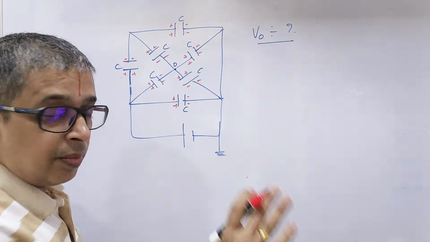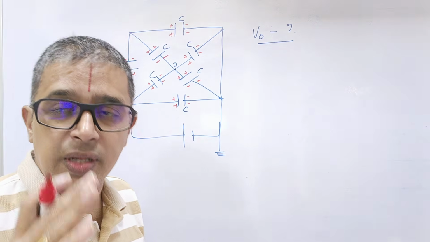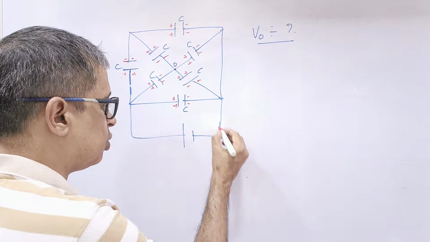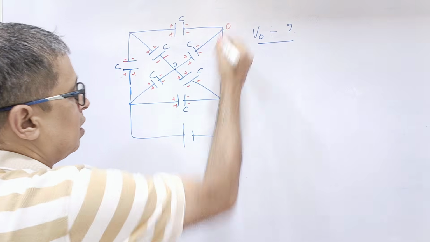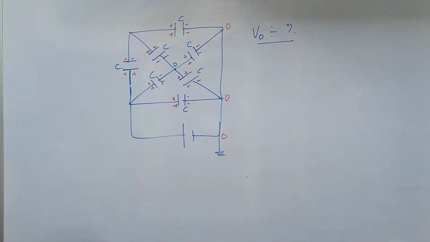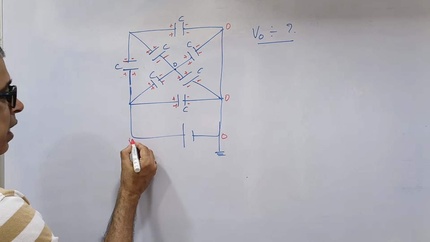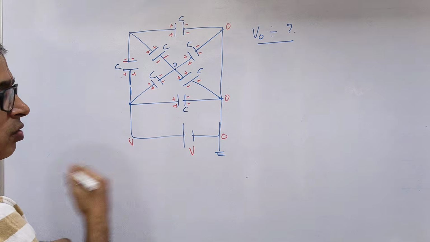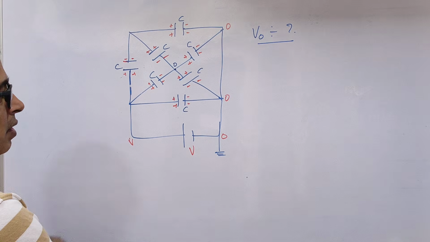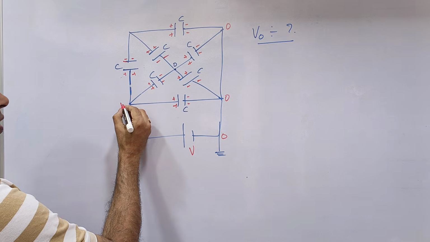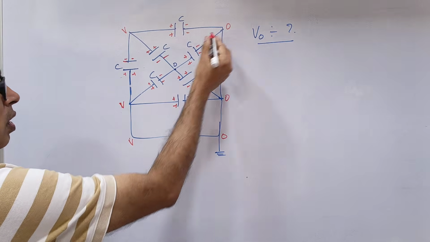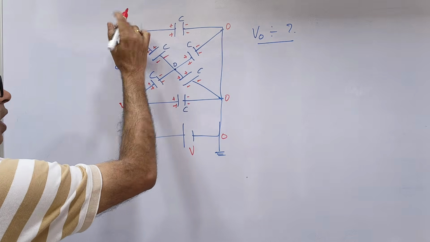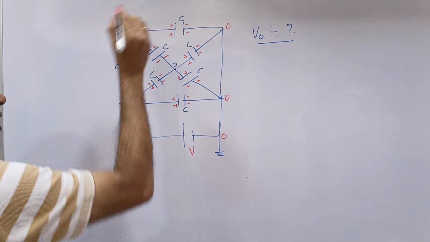If you have grounded something in the circuit, it implies the paper setter or the examiner wants you to take that to be zero potential. This will be V as V is given, this will be V, and this will be X. I don't know the potential here.